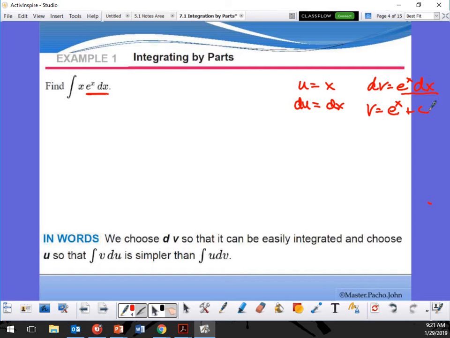So, my formula. Let's go back to the formula. It was uv, minus the integration of, what was it? v du.